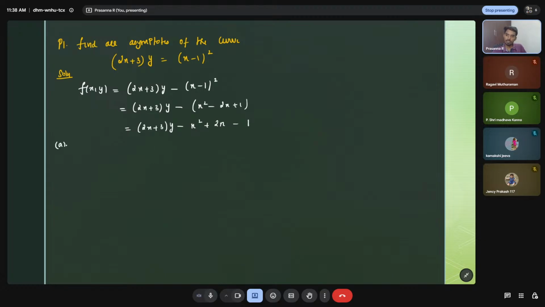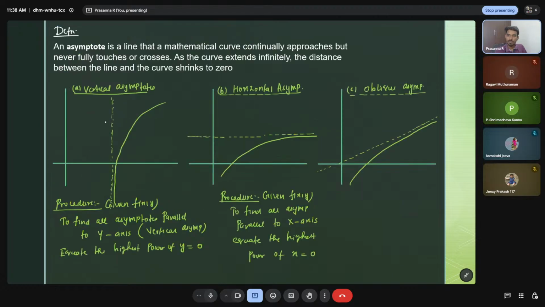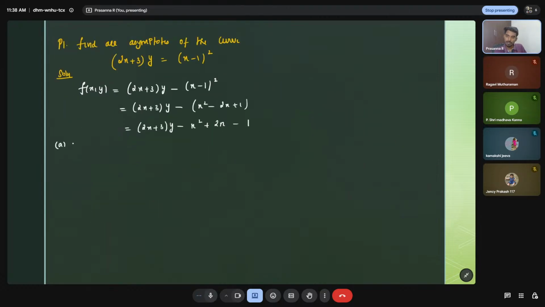First we will find all vertical asymptotes. Vertical asymptotes are asymptotes parallel to the y-axis, and for that you need to equate the highest power of y to 0. See here, y power 1 is the highest power of y.